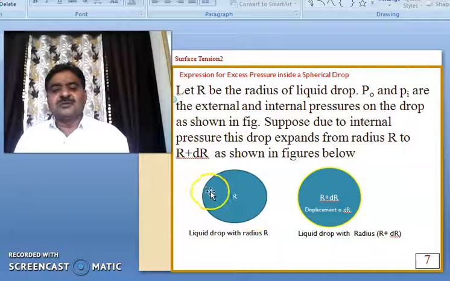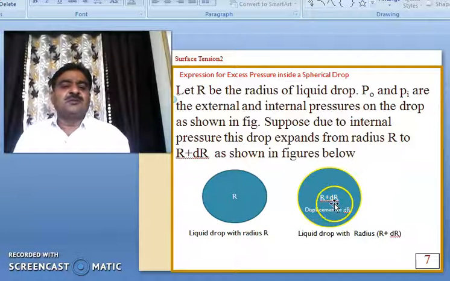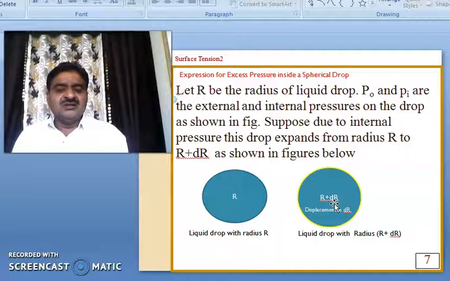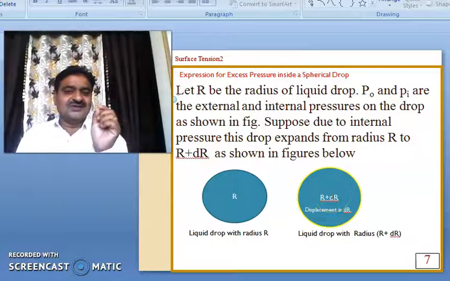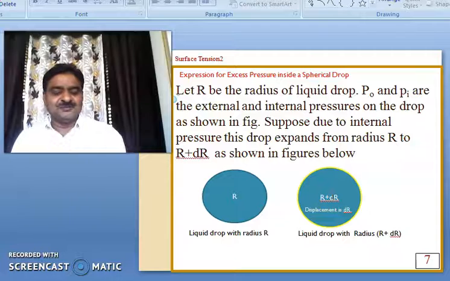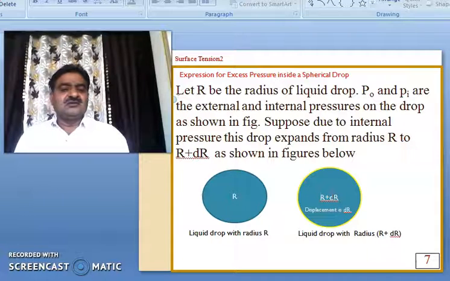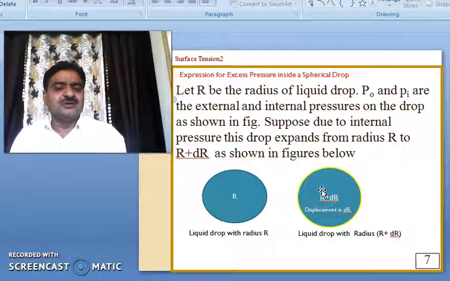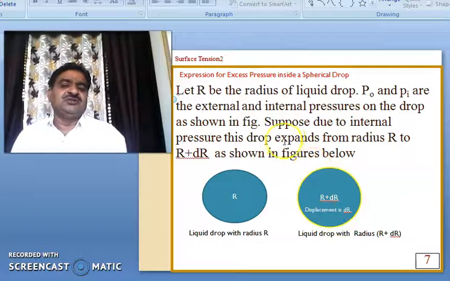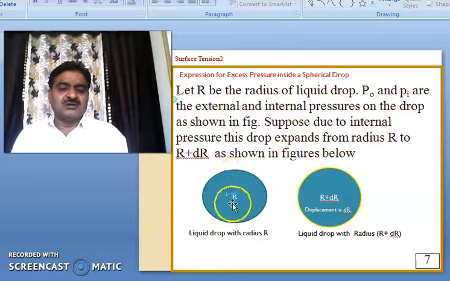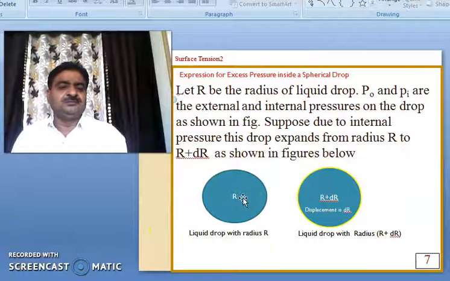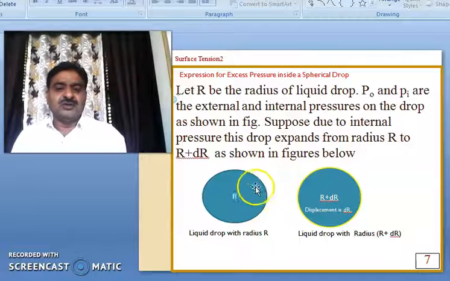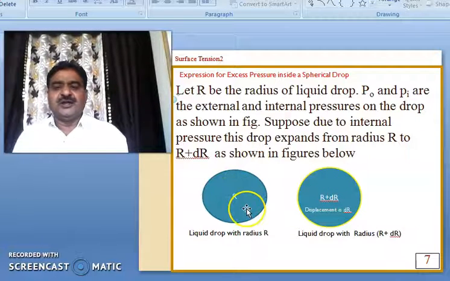R means the radius of the sphere, and the radius of the larger sphere is R plus dr. dr is nothing but a slightly more quantity, very small with respect to R. So R plus dr is the radius of this sphere because of expansion. This sphere with radius R is going to expand from radius R to R plus dr because of internal pressure Pi.